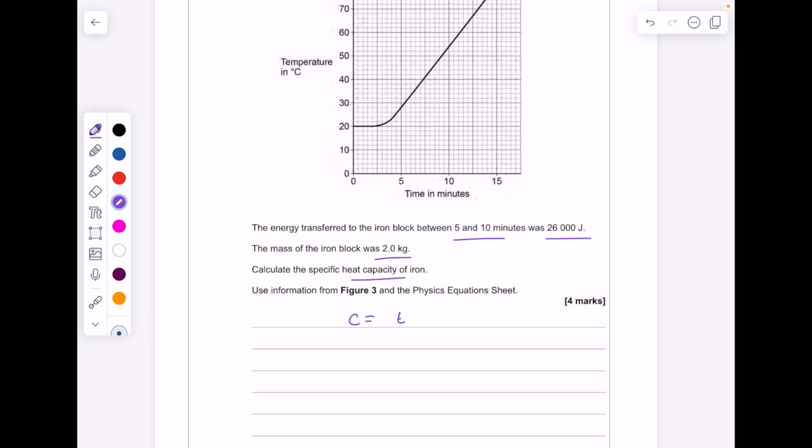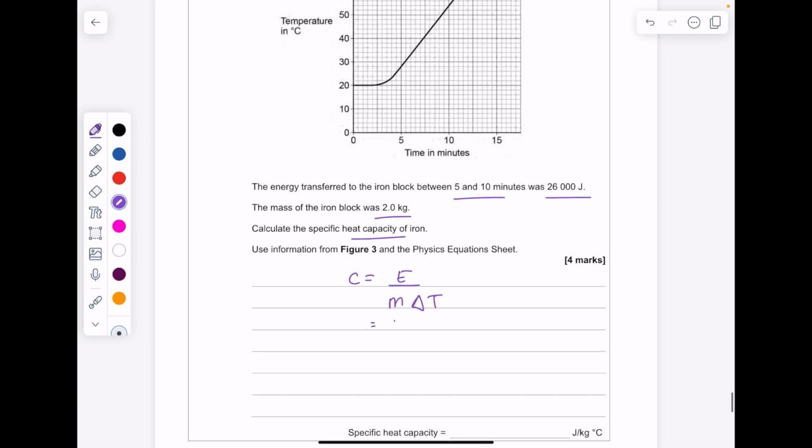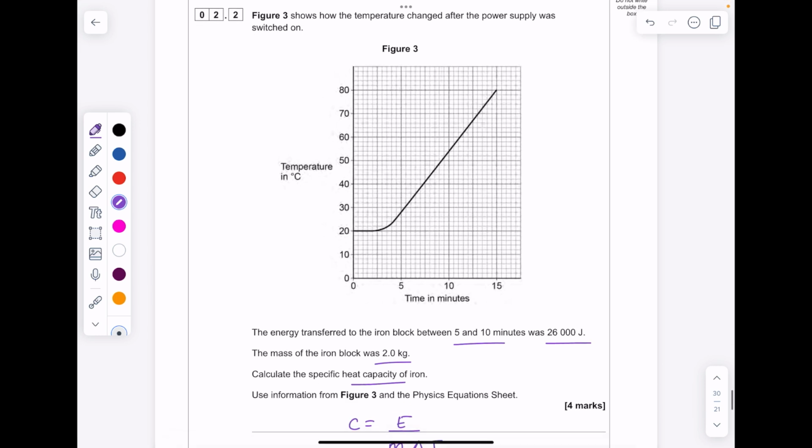So here's the equation we want to use. Specific heat capacity is energy divided by mass times change in temperature. So we know that the energy transferred was 26,000. The mass we were told was 2 kilograms. The temperature change needs to be between 5 and 10 minutes. So you need to use your graph here.